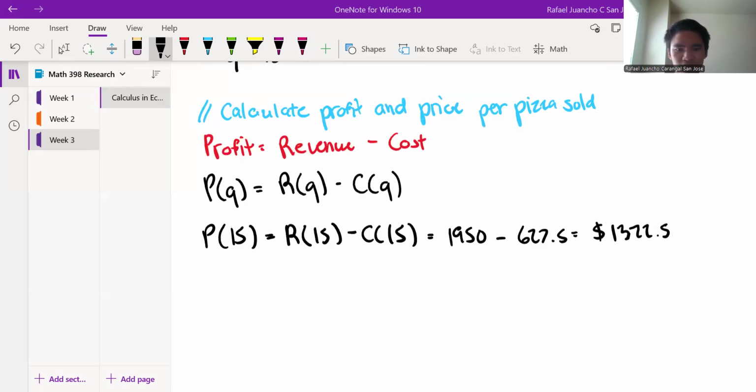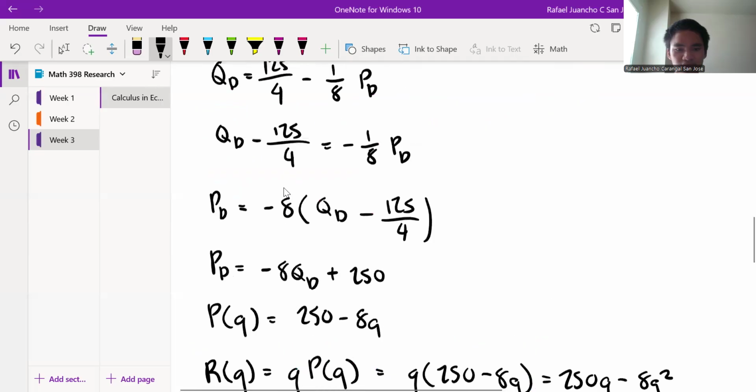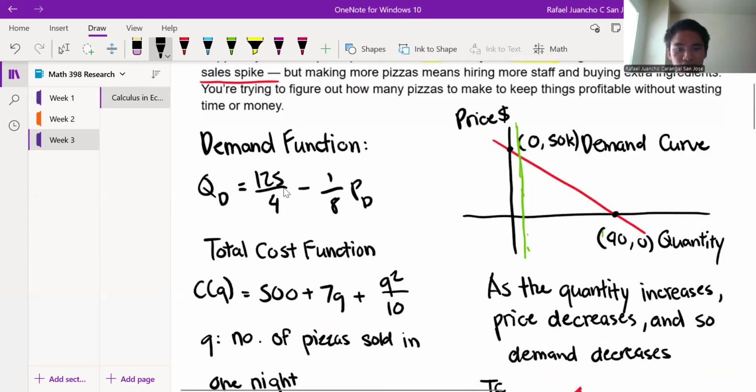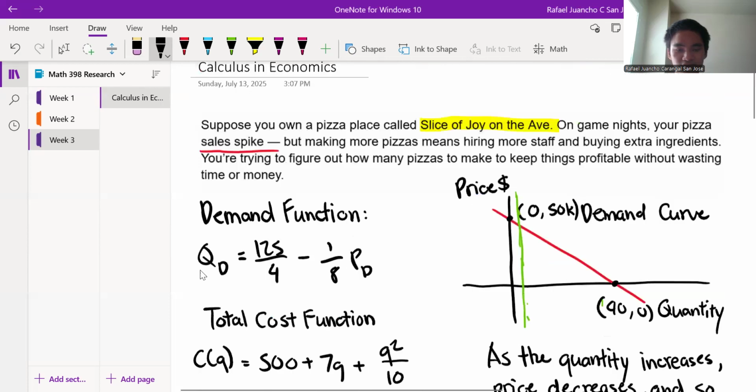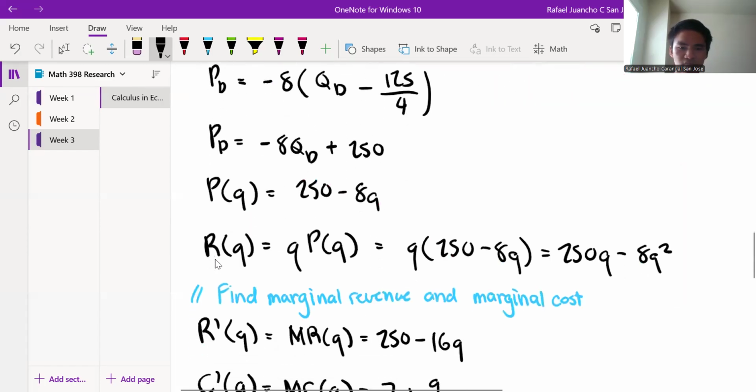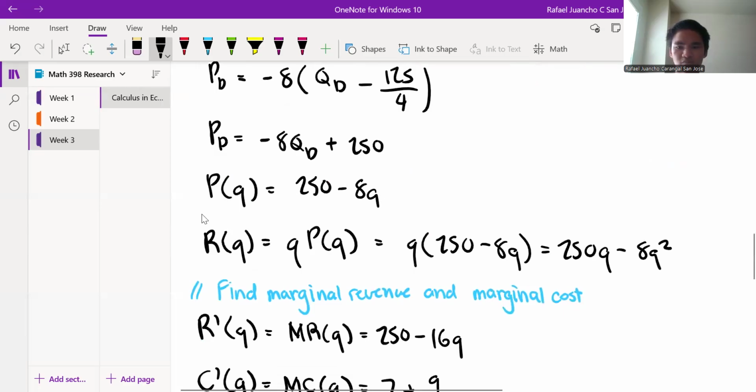And what's the demand in terms of, what did I choose for my demand? For my demand function, I chose, what was this? I plug in the price and I get a quantity. Or I can plug in the quantity and get the price.